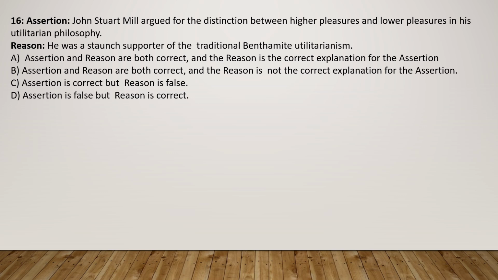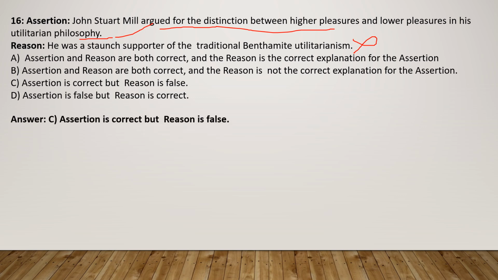John Stuart Mill argued for the distinction between higher pleasures and lower pleasures in his utilitarian philosophy. This is correct. He was a staunch supporter of the traditional Benthamite utilitarianism. This is not correct. He was a critic of traditional Benthamite utilitarianism. Assertion is correct, but reason is false.